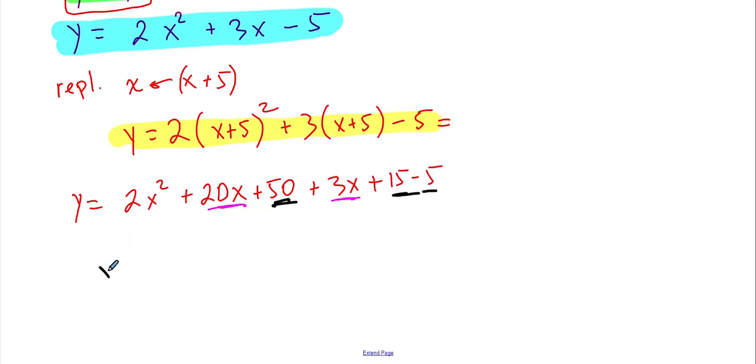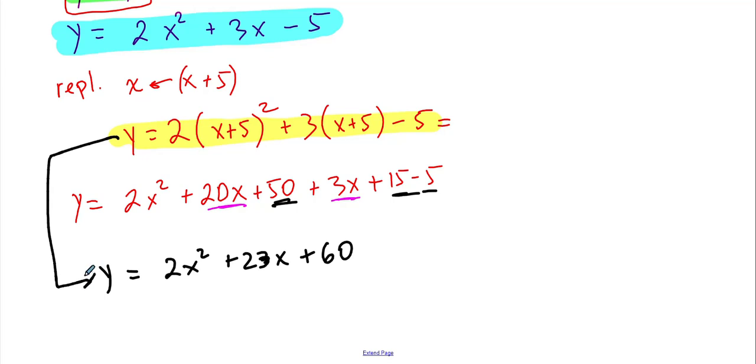So all in all, at the end, this is y equals 2x squared plus 23x plus 60. So even though these two functions don't look the same, they are the same function. It's just here I opened the parentheses and simplified it.